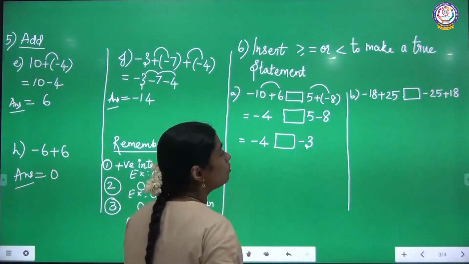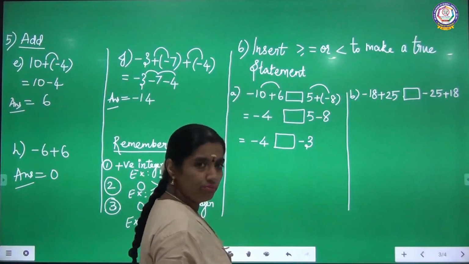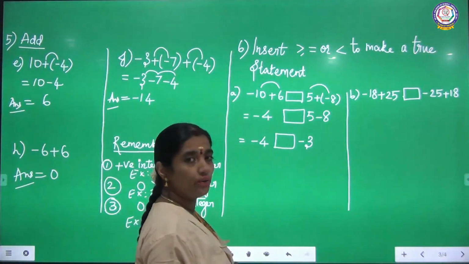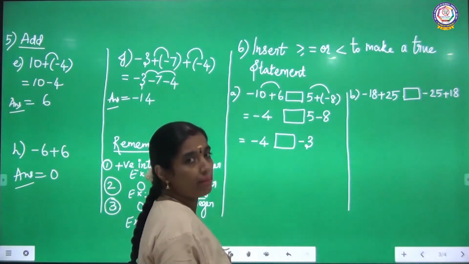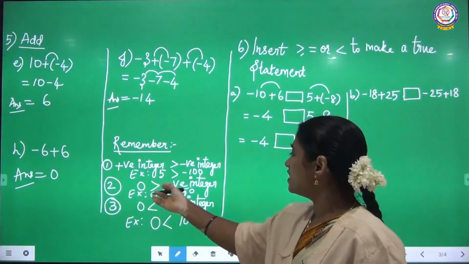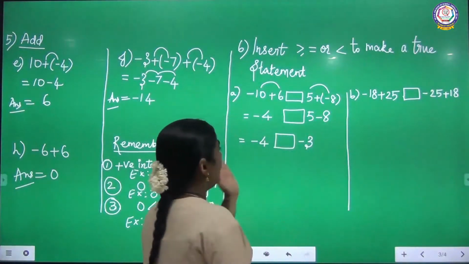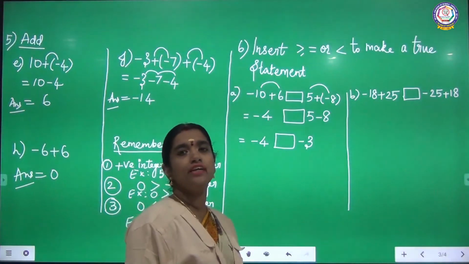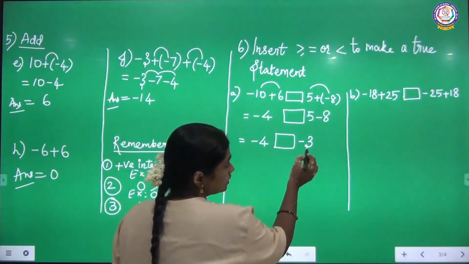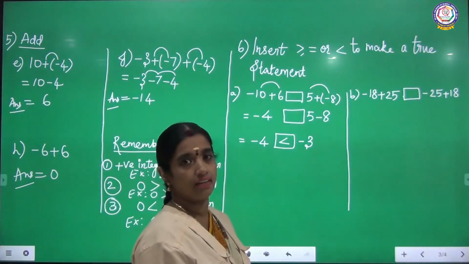Now you have to compare this. See, both are negative. Listen children, both the signs are negative. Here is how I am going to compare this. If it is positive and negative, yes you are comparing, and 0 with negative and 0 with positive. But for negatives, how am I going to compare? See, in a negative, the smaller number has to be the greater. Got it?